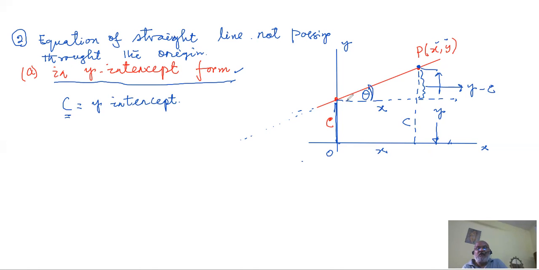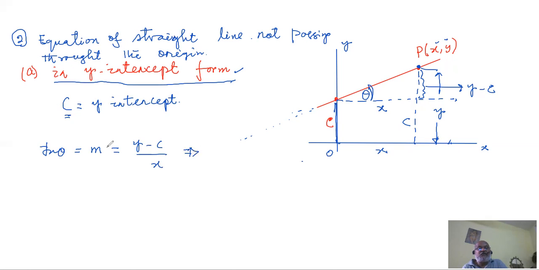If I consider tan of this angle, which is again a slope angle, tan of this angle will be slope. So tan theta will be equal to slope, and that will be perpendicular by base. You know perpendicular is y minus C, base is x.